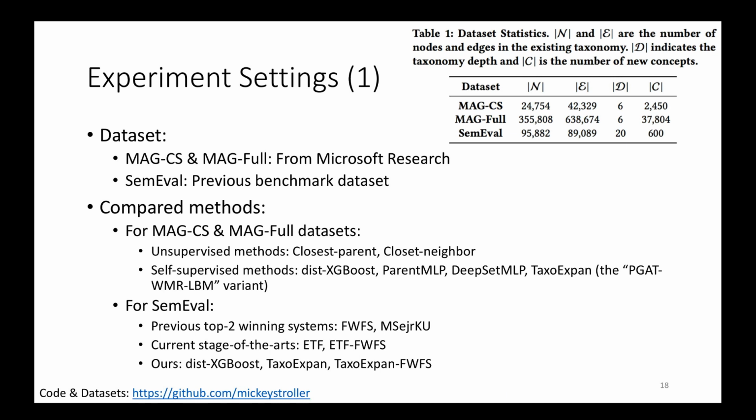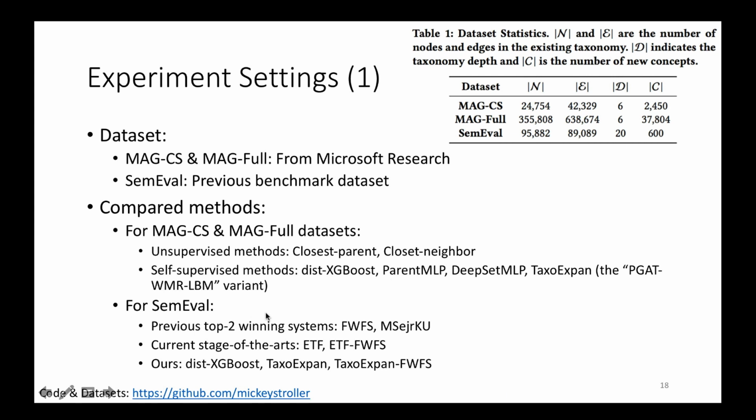Finally, you concatenate with the query concept, and pass all the concatenated vectors through a multi-layer perceptron. So essentially, the deep set MLP is the enhanced version of parent MLP with the neighborhood structure considered.